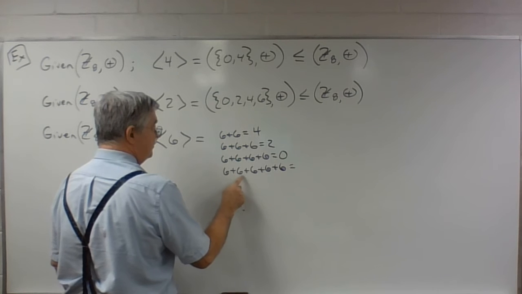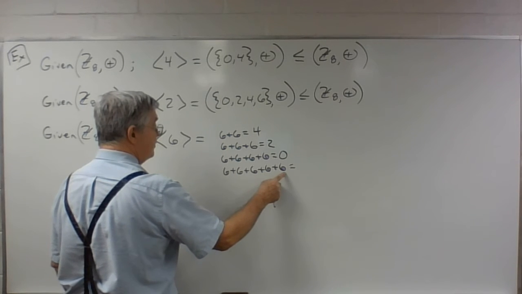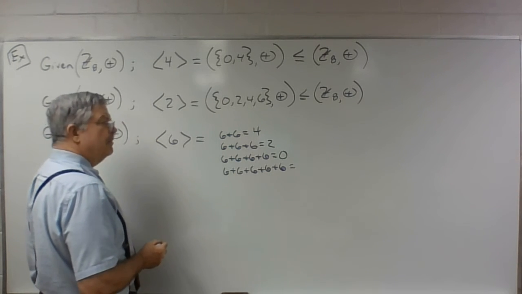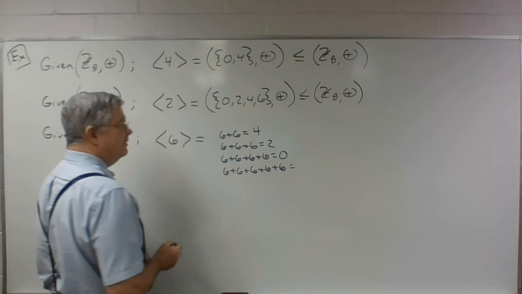That's 6, 12, 18, 24, 30. But mod 8, that's going to be 6.